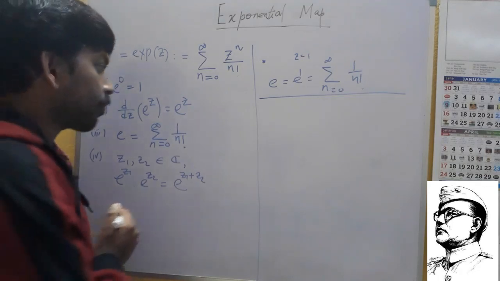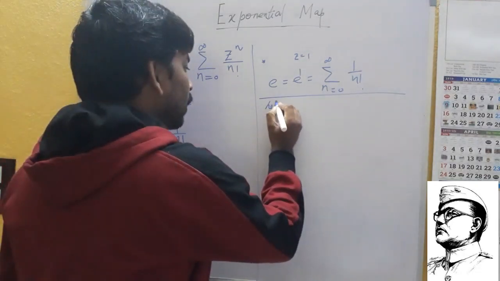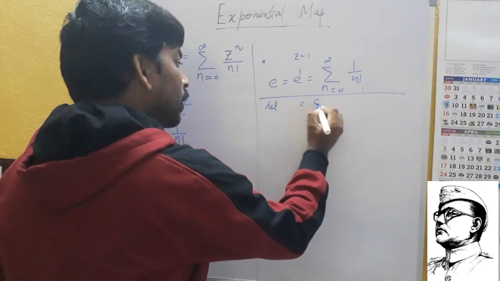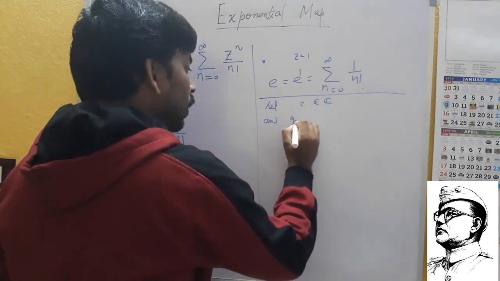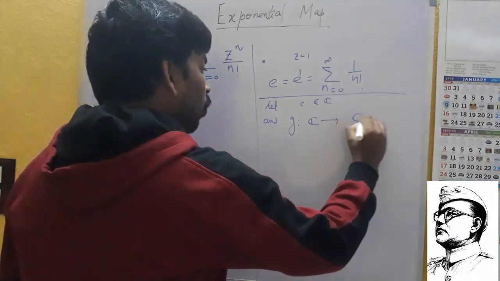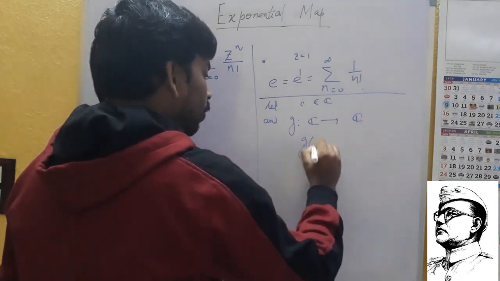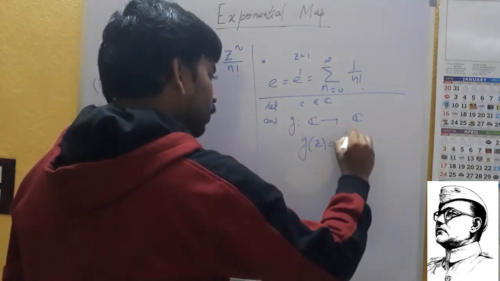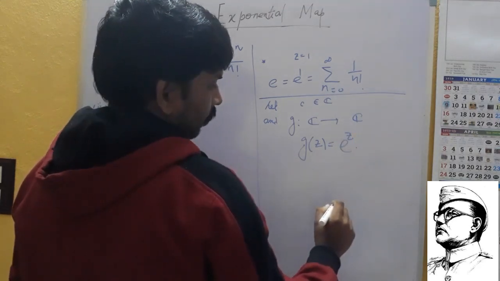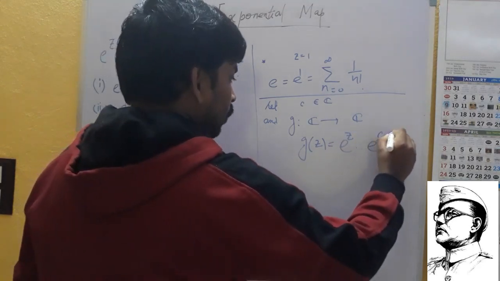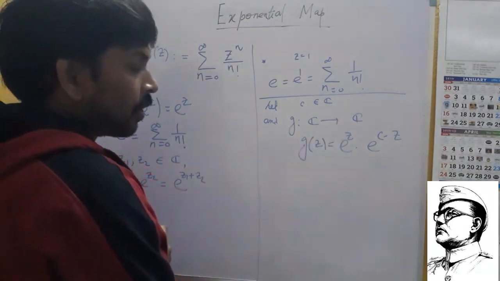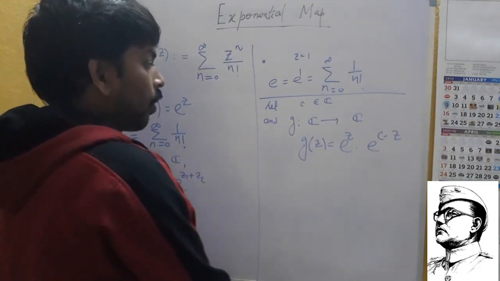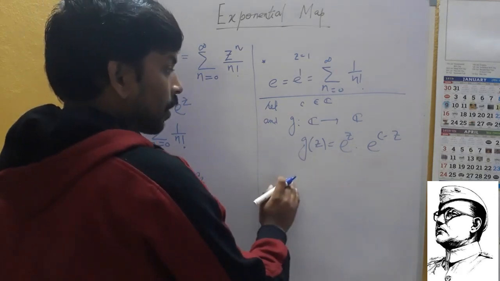Let us take any complex number c, and we define a function G from the complex plane to the complex plane by this. So this is a well defined function, and obviously this is a differentiable function, correct?